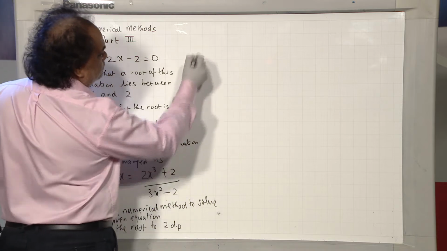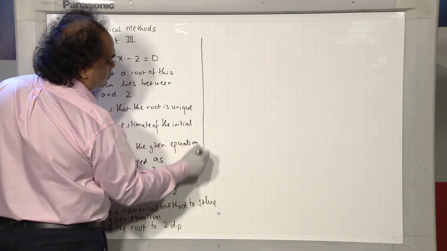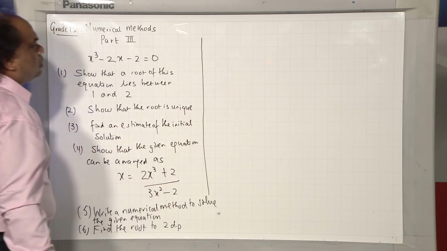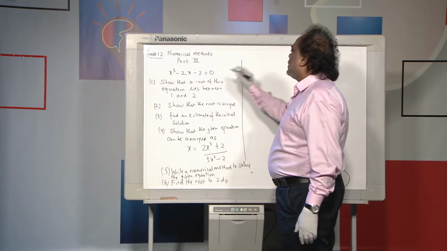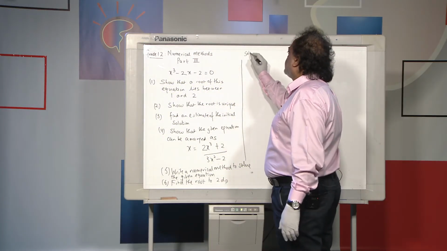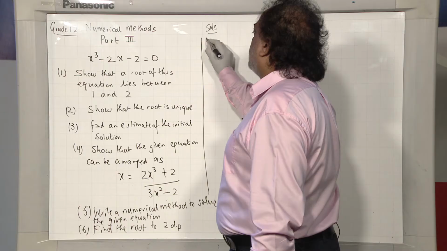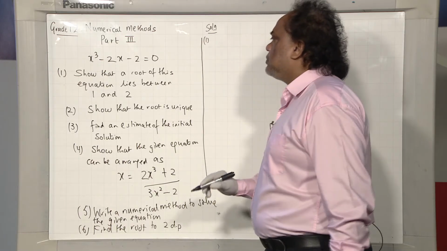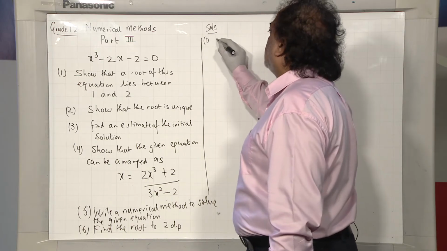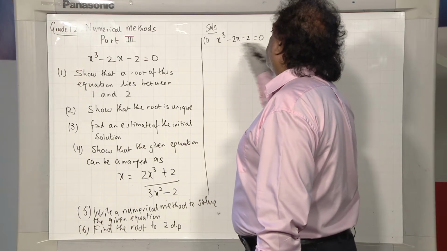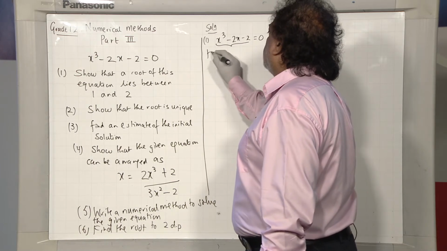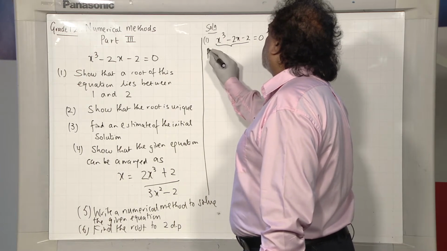Now, is the equation in the form f(x) equal to 0? Yes. x cubed minus 2x minus 2 equal to 0. So this is f(x).